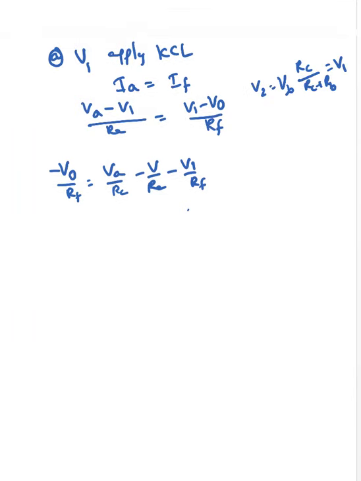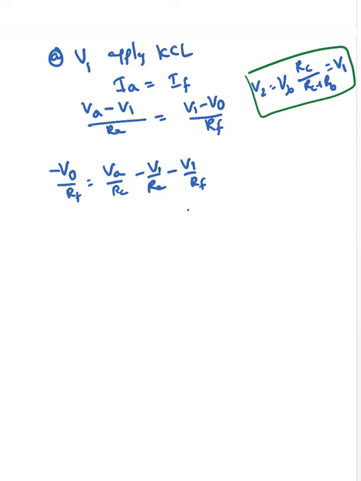Here we already found V2 equals VB times RC over RC plus RB. V2 is the same as V1, so I can equate these two and replace V1 with this.